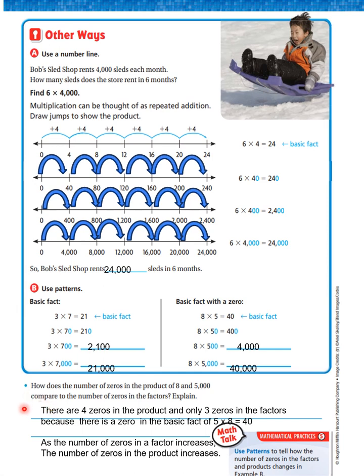Well, there are 4 zeros in the product and only 3 zeros in the factors because there is a 0 in the basic fact of 8 times 5. All right, and as the number of zeros in a factor increases, the number of zeros in the product increases.